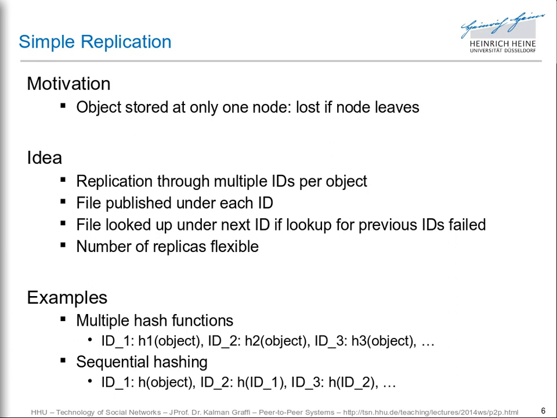So we just concatenate the hashing. First of all, we have only one hash function. We hash our object. This is the first ID. And if we again hash this ID, we will get the second ID. And so on. We can hash the second ID again to get the third ID, and so on. So we have something like a chain.